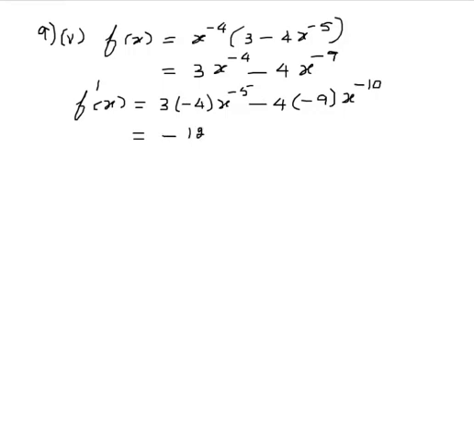We get minus 12 divided by x raised to 5, and this is plus 36 divided by x raised to 10. We may leave the answer in this form, or we may take the common factors out and write. The common factor is 12 by x raised to 5. From the second term we get 3 divided by x raised to 5, and from the first term we get minus 1.